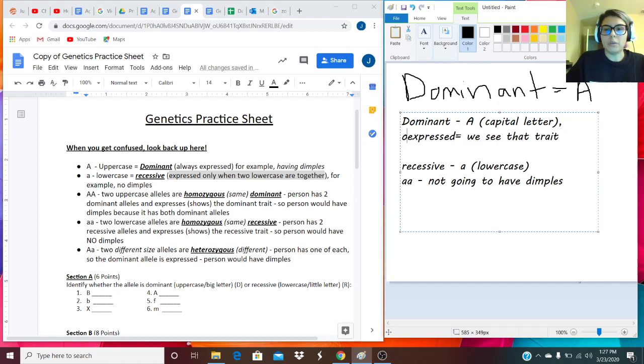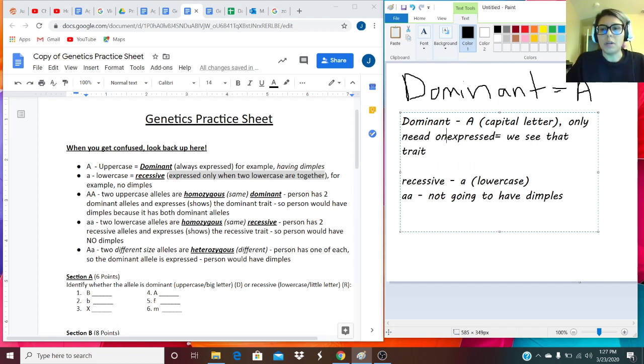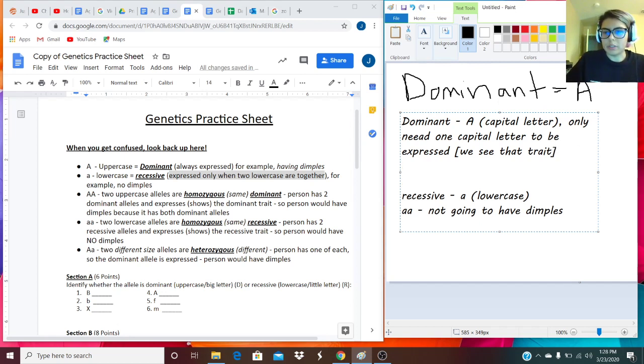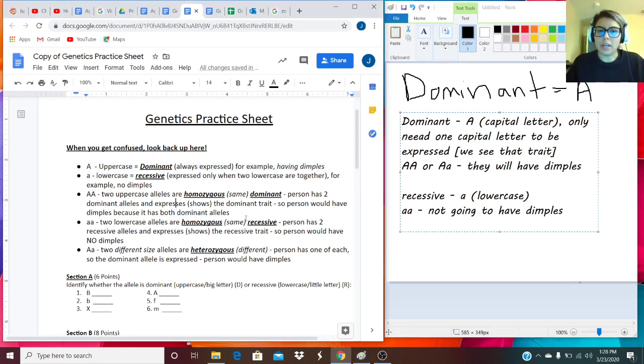For dominant, we only need one capital letter to be expressed. So if it's capital A, capital A, or capital A, little a, they're going to have dimples. That's all that this information on the practice sheet means.